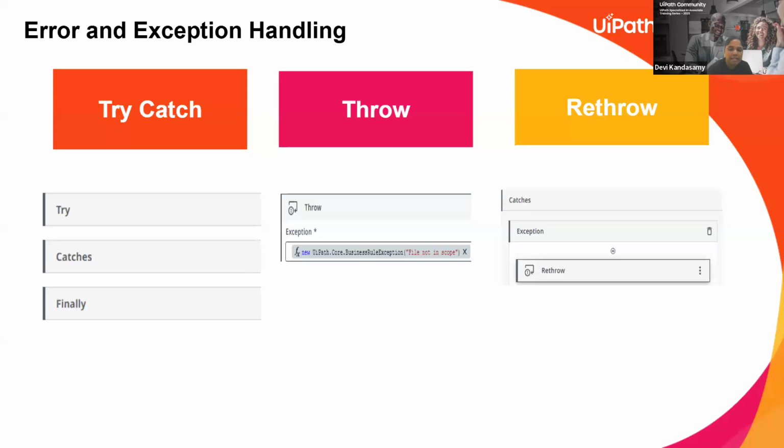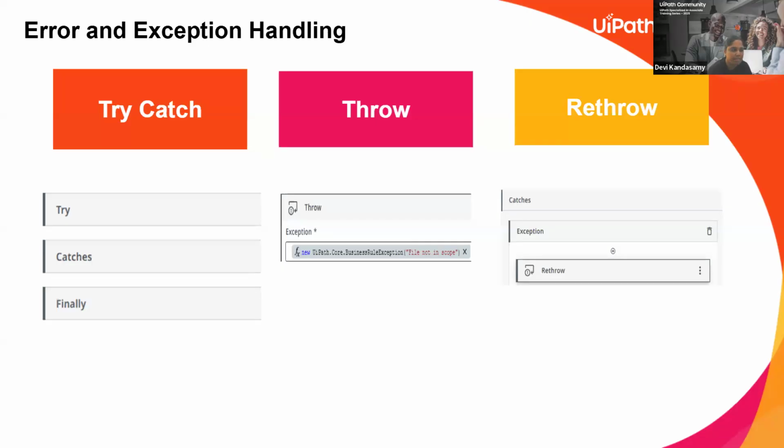You could place the activities that you expect to throw an exception inside the try block, and within the catch block, you can specify one or more exception types that you want to capture and provide the steps that you want to follow in case of an exception. For example, you could log the exception message with the log level as error, or you can even notify someone.